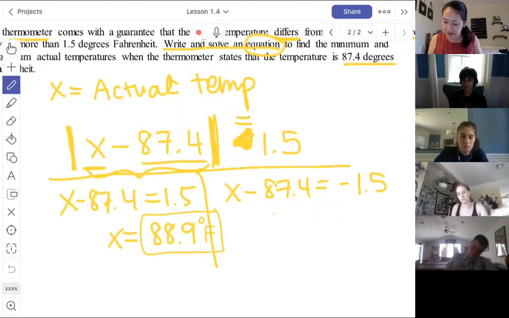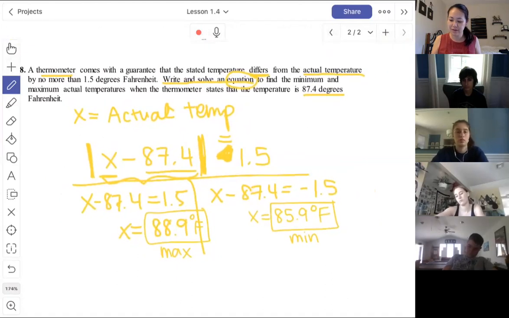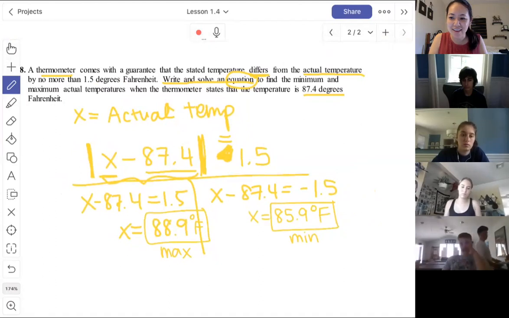And then on this side, I get x is 85.9 degrees Fahrenheit. So that's the min, and that's the max. All right. And that is it. Any questions?